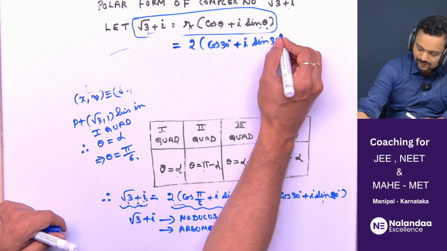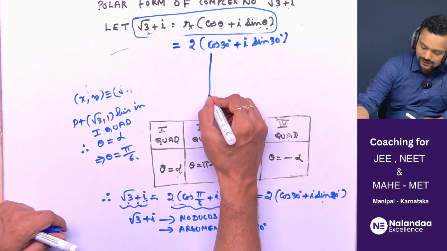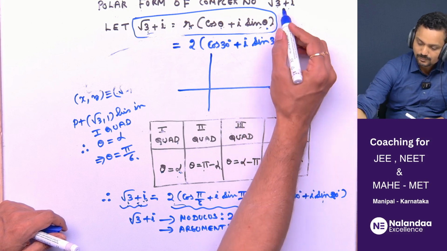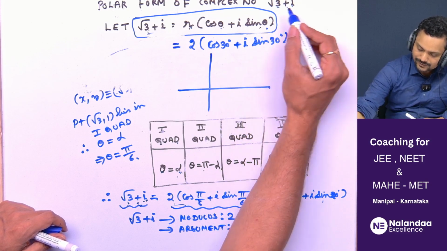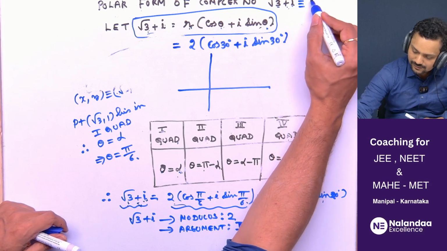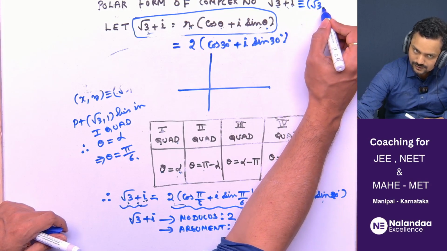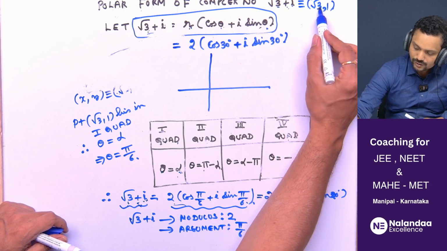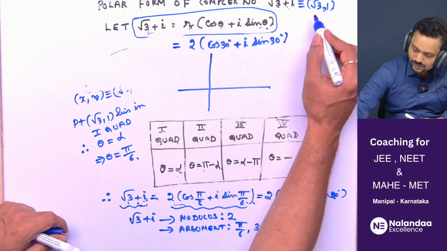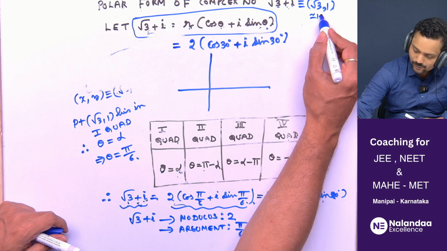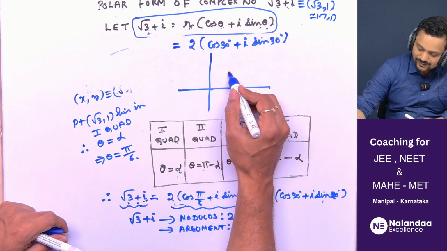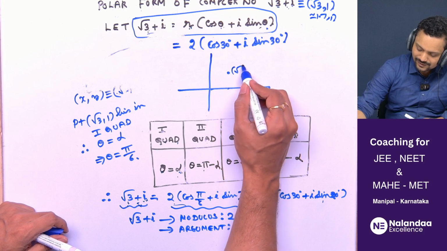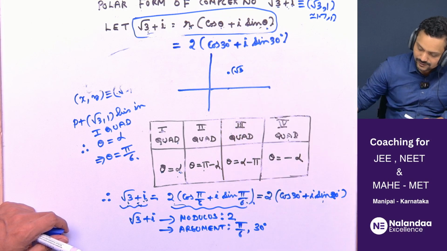And what is the meaning of that? Very simple. If you plot this point root 3 comma 1, you know this point is in the first quadrant. Root 3 is approximately 1.7 comma 1. I am just drawing a rough figure, not to scale.